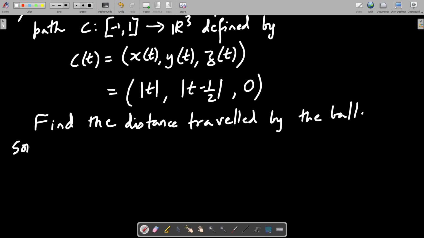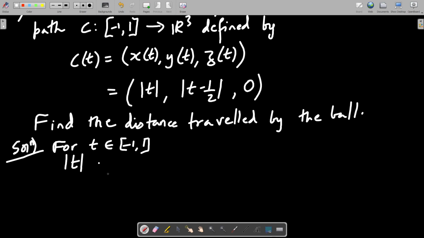Okay, let us learn how to draw this path. This will be useful for all anyways. So we have this function here, mod of t minus half, and 0. What do you know about mod t for t belonging to -1 to +1? Is it differentiable? We have to take a derivative here, right? To find C prime of t, we'll have to take a derivative. But is this function differentiable?